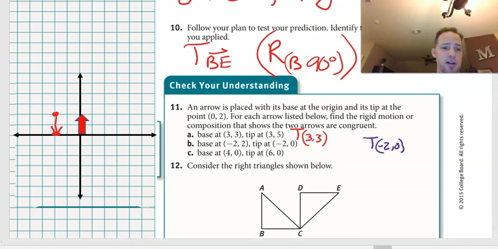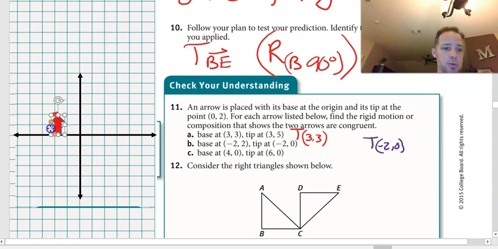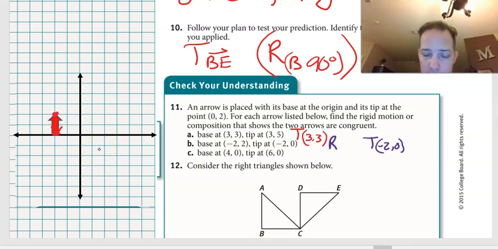And once we have it translated left 2, then I could do a rotation about the point -2, 1, in the center of that one, 180 degrees.